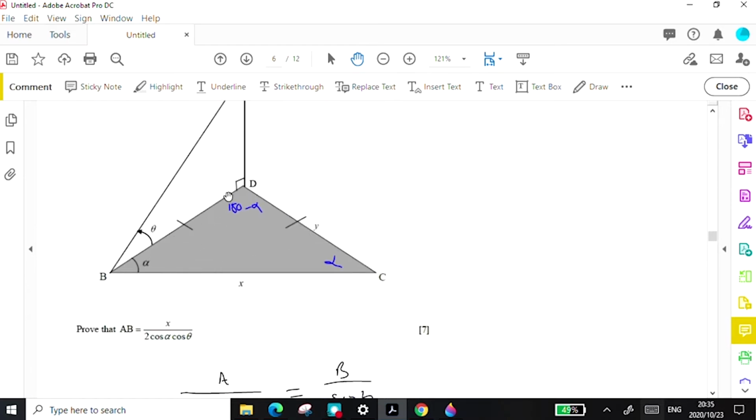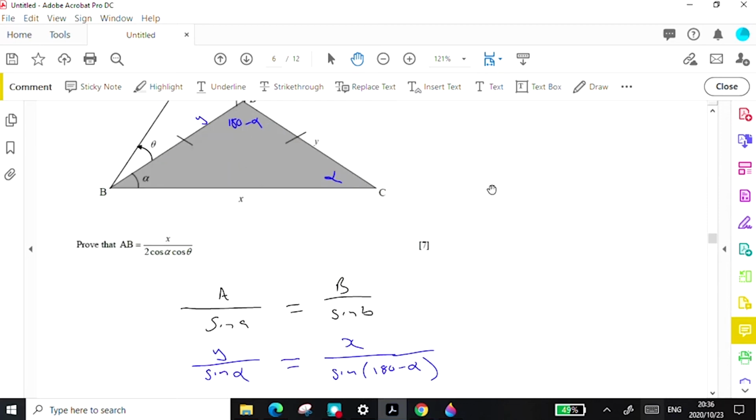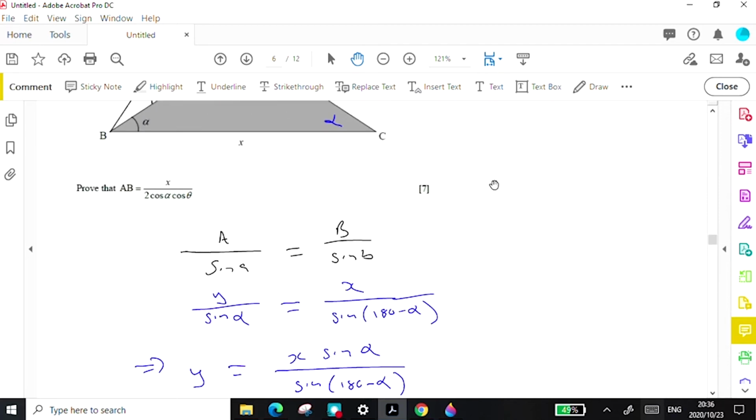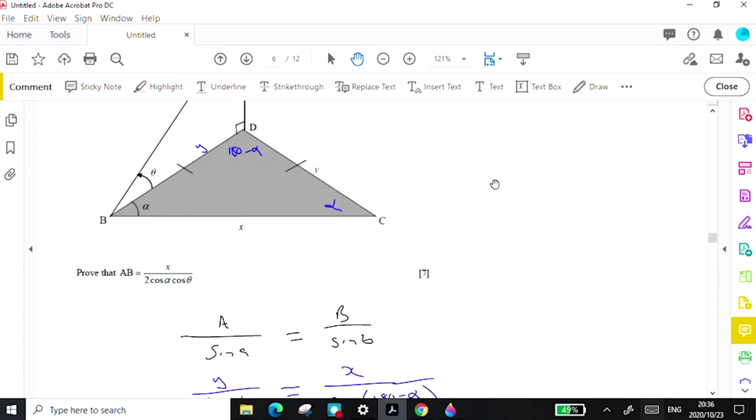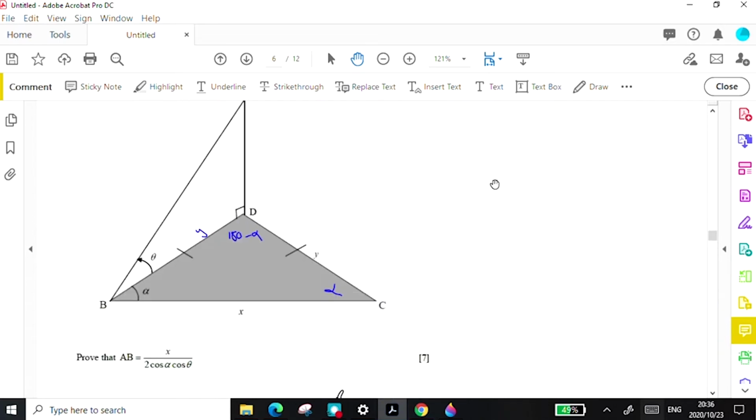But this BD is also equal to y. BD is equal to y.